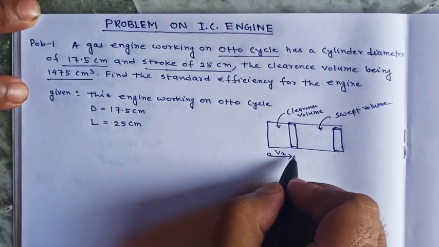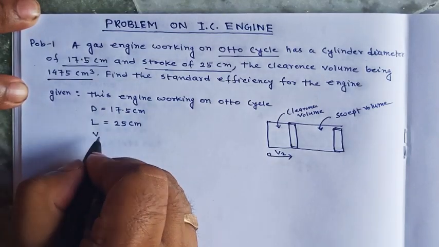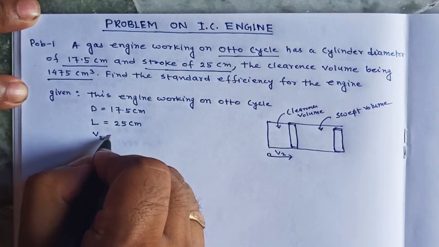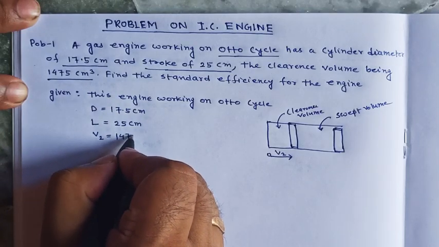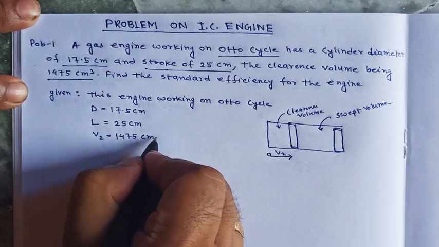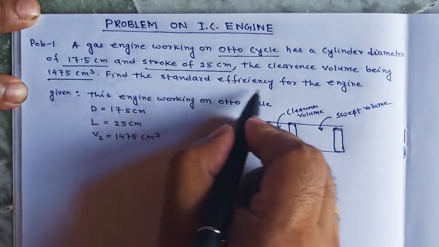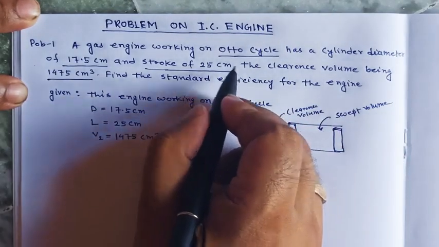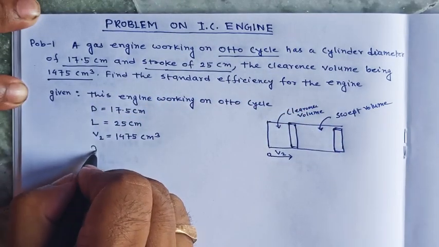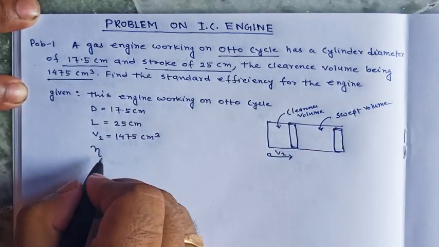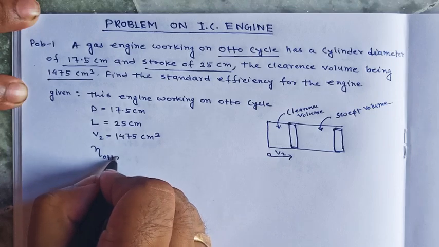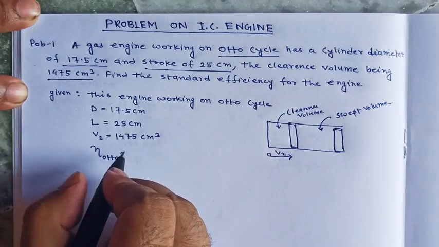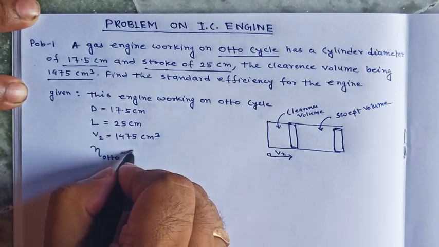So this V2 is clearance volume, so I can write V2 equals to 1475 centimeter cube. Find the air standard efficiency. As this engine is working on Otto cycle, I have to find this air standard efficiency of Otto cycle.